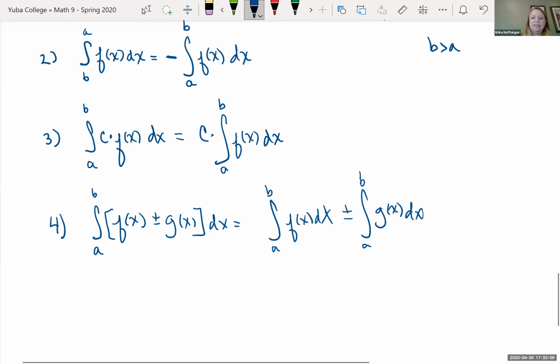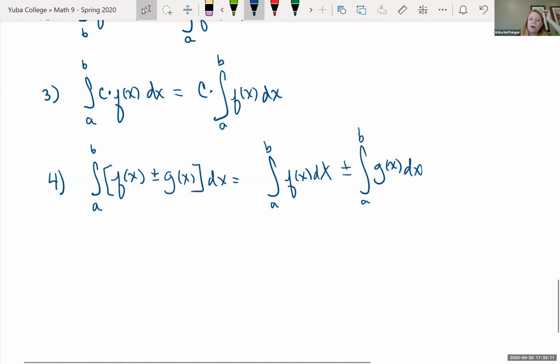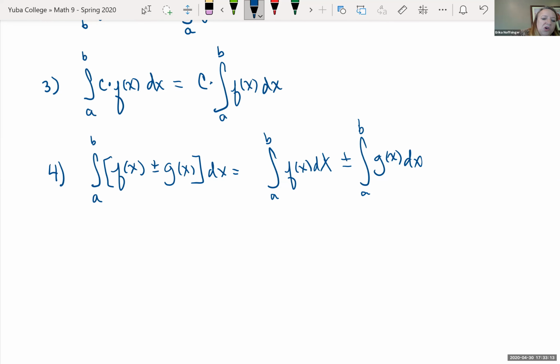Sometimes it's necessary that we break down our integrals. So let's say our bounds were from a to c of f of x dx. Sometimes we might have to split this up into 2 separate integrals. So this is the same thing.